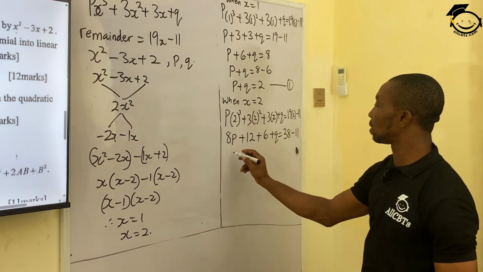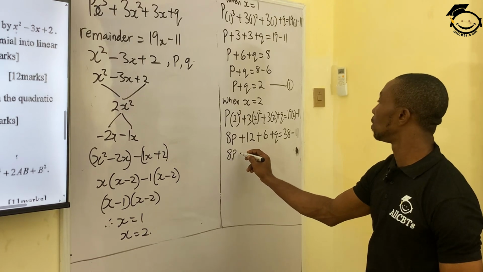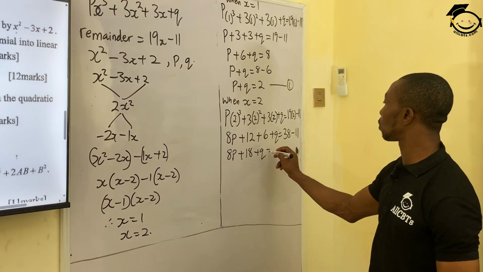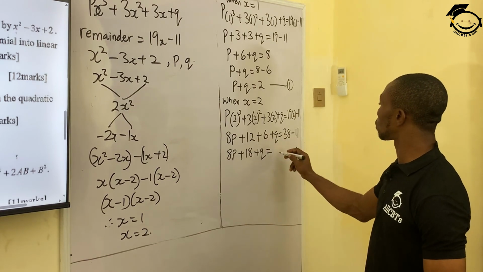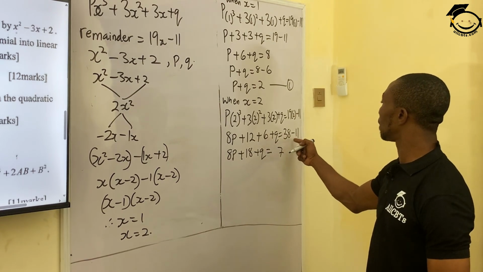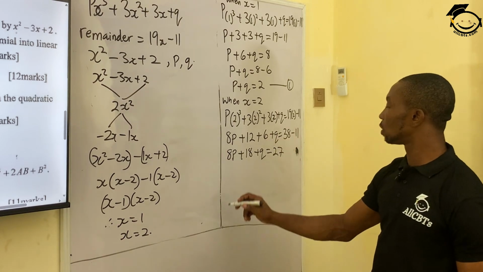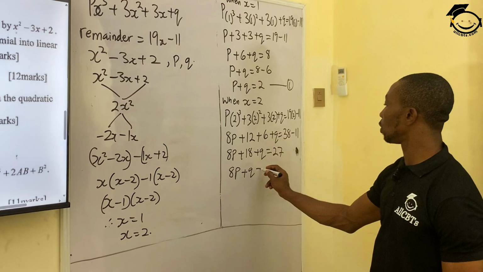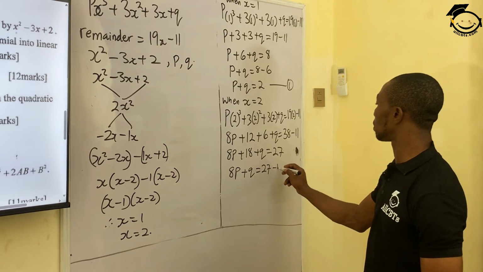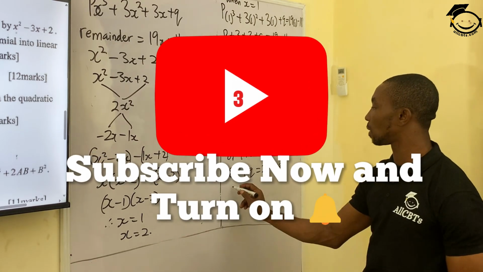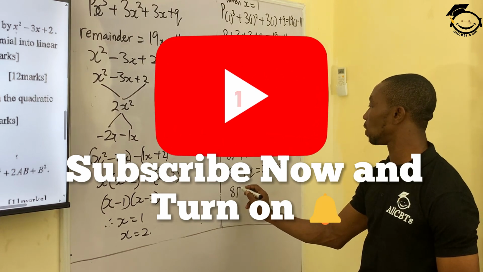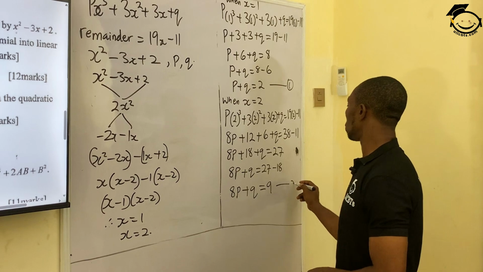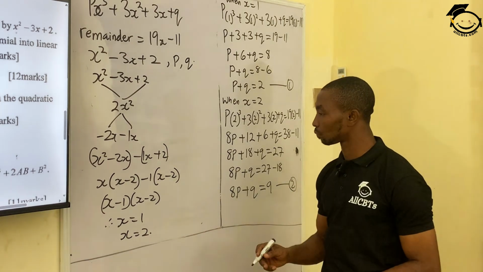Now collecting our terms, we have 8p plus 18 plus q equals 27. So this will give us 8p plus q equals 27 minus 18, and 27 minus 18 will give us 8p plus q equals 9. Equation 2.